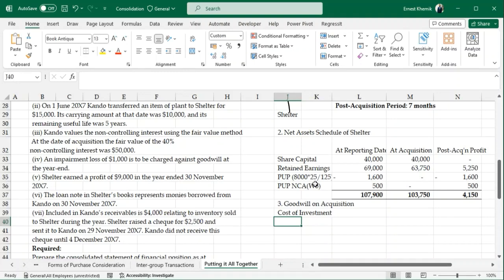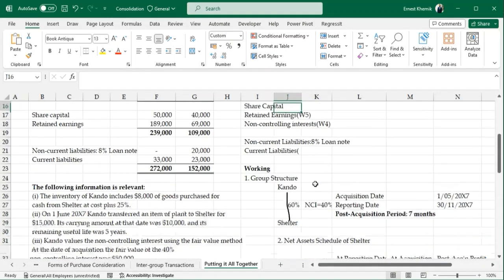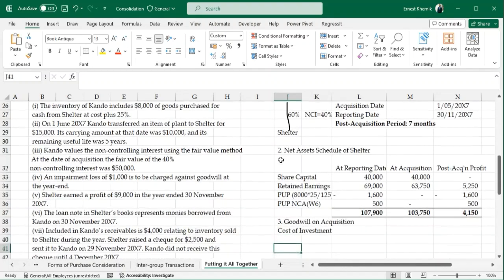Okay, so our cost of investment, let's go to our information here. Is this here? So Cando bought 60%, paying 76,000 cash. So it is on cash, and that is the only form of consideration we have. We might have other forms of consideration, but in this case it is only one.